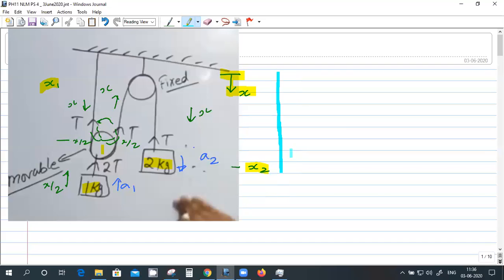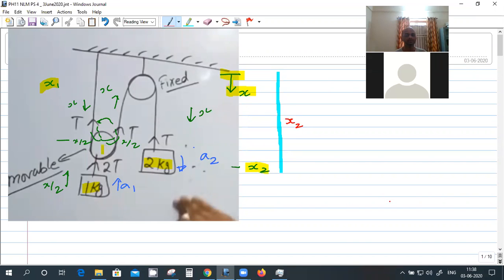It's x2, because the coordinate of the 2 kg block is x2. My positive direction is noted here. Audio is clear, no? So this blue length is x2.